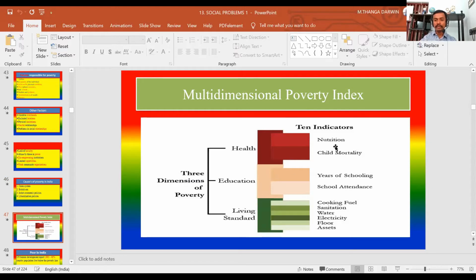Then health, concerning nutrition, with 10 major indicators: nutrition, child mortality, years of schooling, school attendance, cooking fuel, sanitation, water, electricity, floor and assets. So these make up the multi-dimensional poverty index.